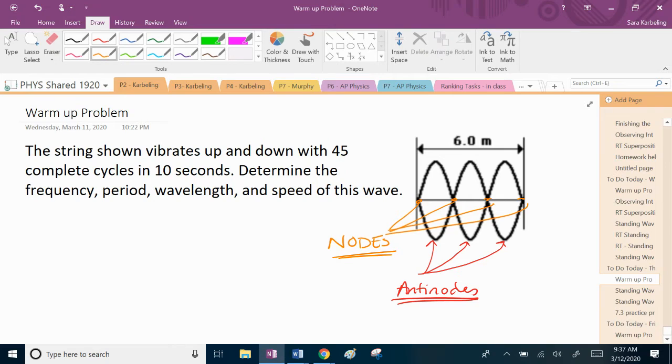We've got a length of 6 meters. It wants to know the frequency, period, wavelength, and speed. Where are you going to start with this? Where did you start with it? Go for it.